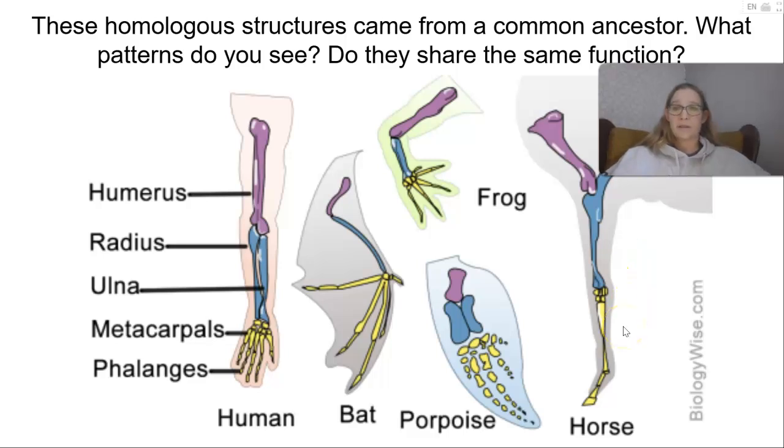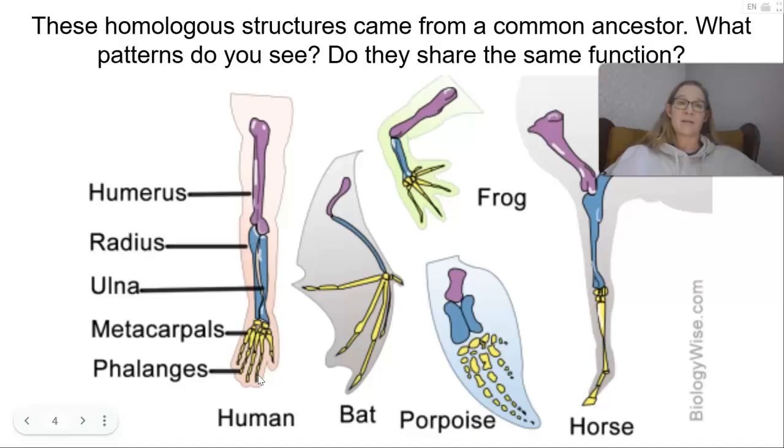Now, all of these function very differently, right? The horse is on all fours, and these are used to gallop. The porpoise can use its fins to help it with swimming. Frogs can use it on land and in the water. Bats fly, and humans use their arms for all sorts of different things.